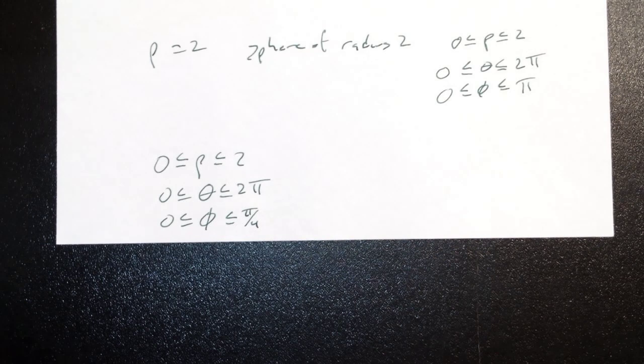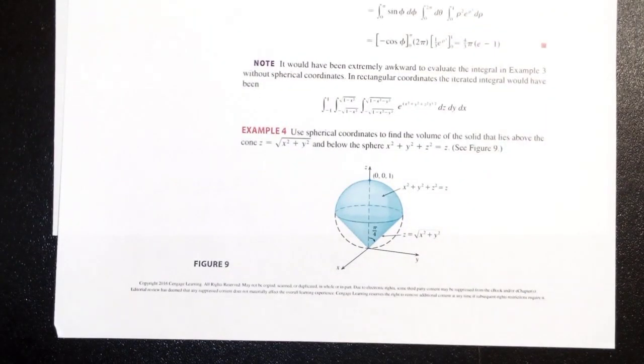I would get something that looks like a snow cone. I'm not making it up. There you go. The top of the ball cut out at an angle of 45 degrees gives me a snow cone.